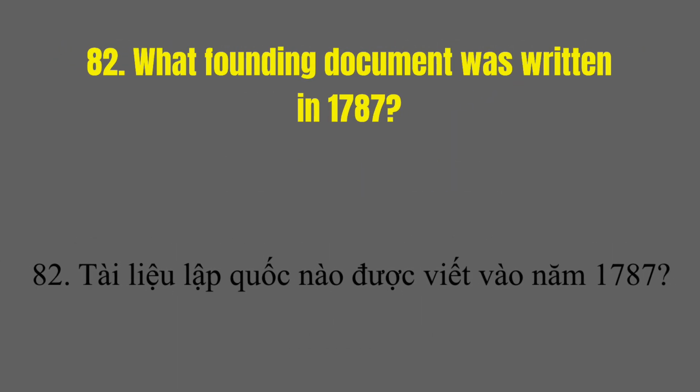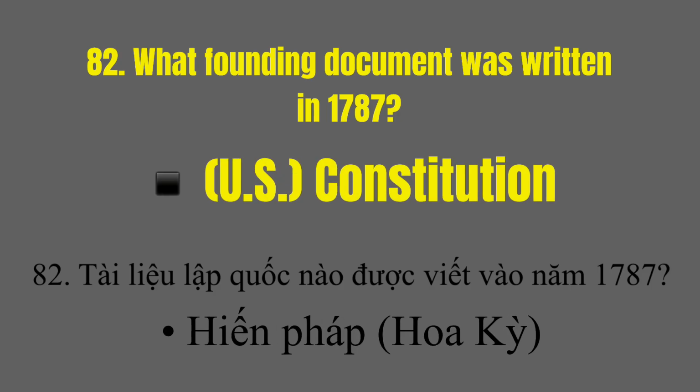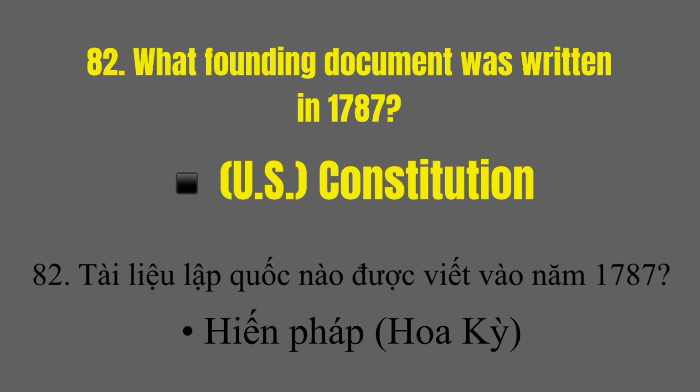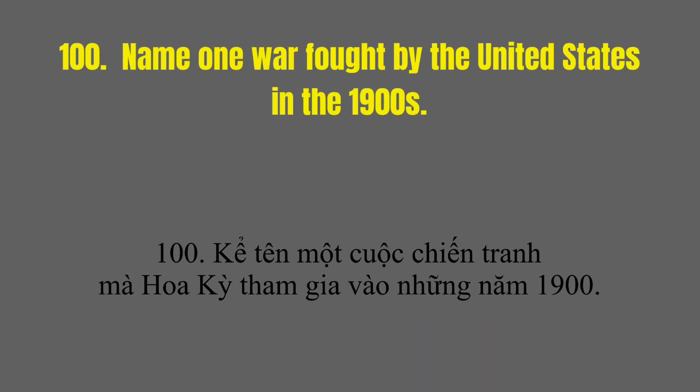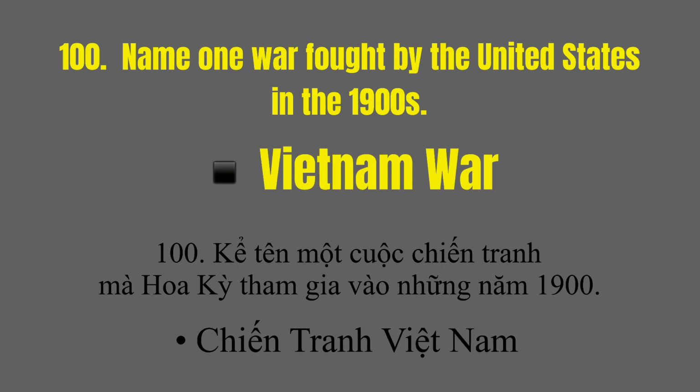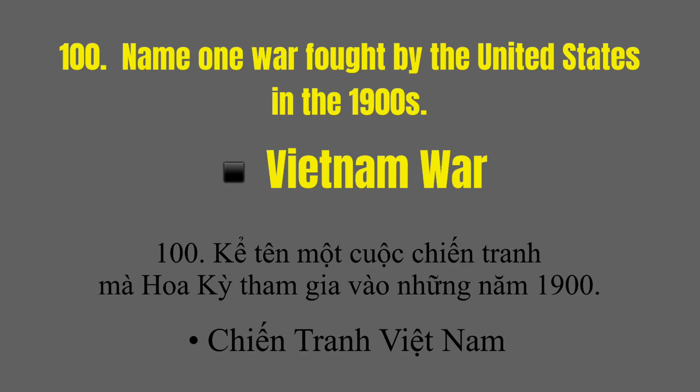What founding document was written in 1787? U.S. Constitution. Name one war fought by the United States in the 1900s. Vietnam War.